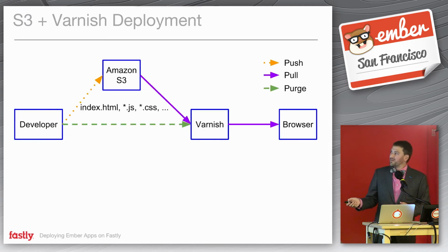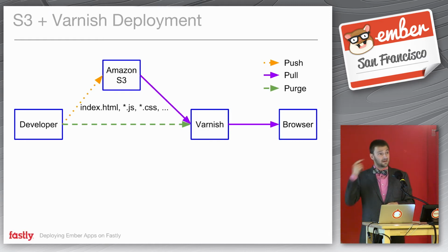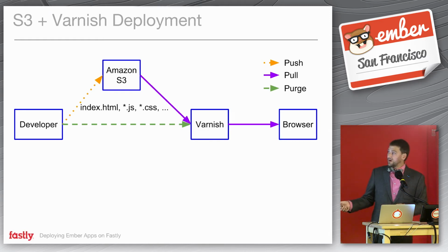So the system that we're going to do with just Varnish is we're going to put everything on S3. We're going to put all the JS, all the CSS, the robots text, the cross-domain XML, and index.html, send it all to S3. And when a user requests the latest version, they go to Varnish. Varnish looks up index.html and caches it forever, right?